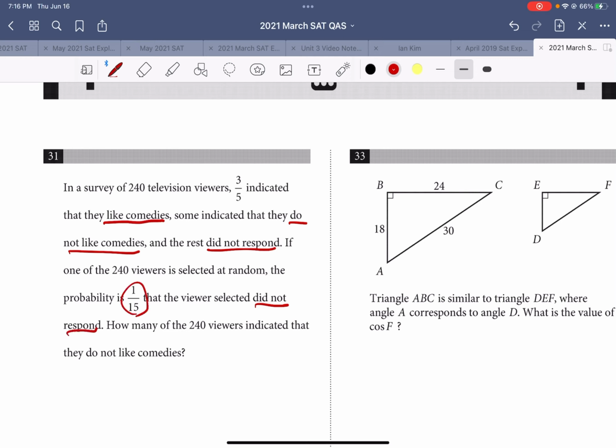Okay, let's say 1/15 times 240. So if you multiply it out, that is 16. Okay, so 16 people didn't respond. And 3/5 of 240, when you multiply it out, that's 144 people who like comedies. And the question is, how many don't like comedies?